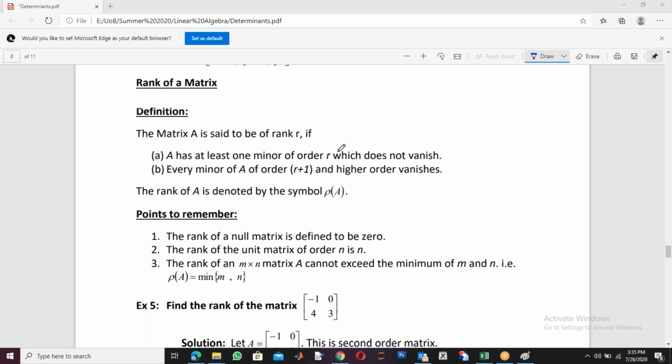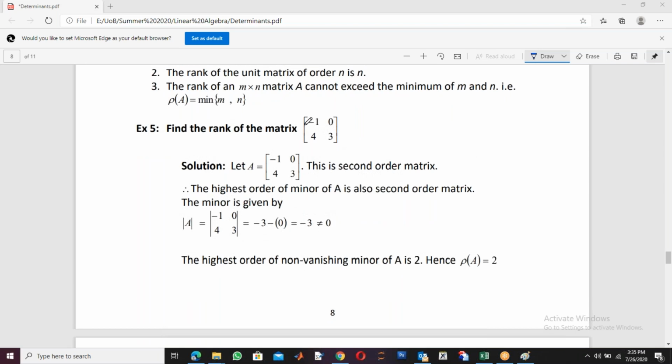For example, if you have this 2 by 2 matrix, it only has one minor 2 by 2. The biggest minor is itself 2 by 2. And if you take the determinant of this whole matrix and it is not zero, then this is the rank. That's it. Your rank is 2 because your second order matrix means 2 by 2.